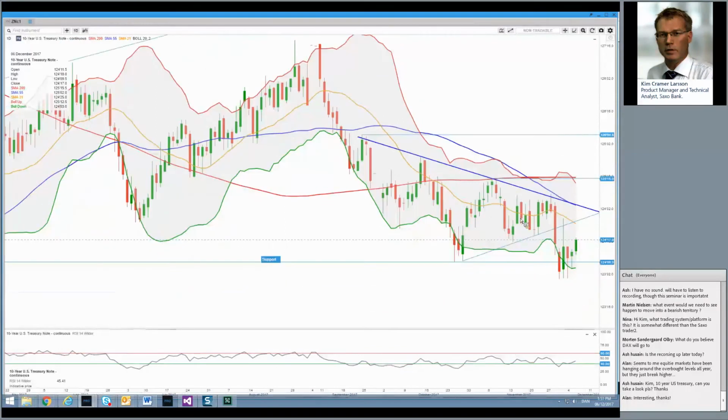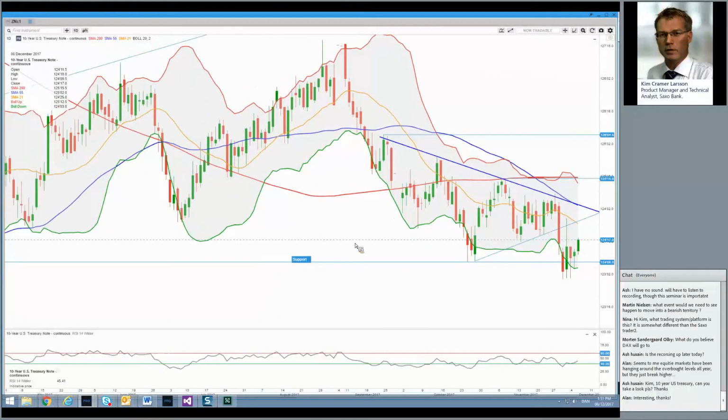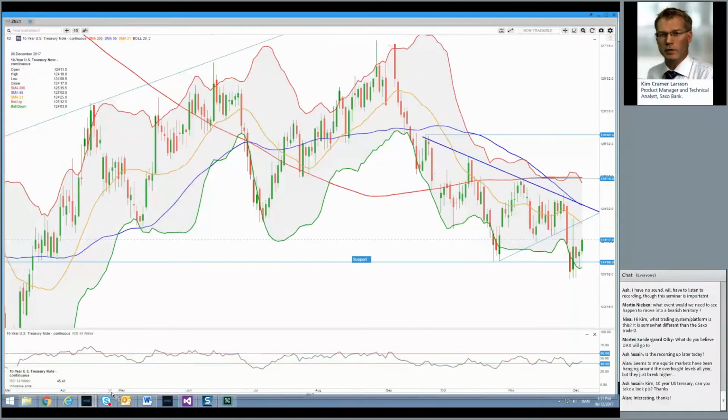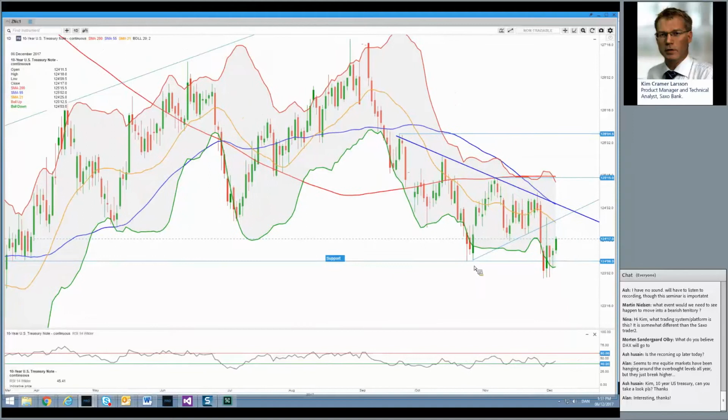This is the US 10-year notes. So let me zoom out a little bit. This is a daily chart, and it has been testing this support quite a number of times, bouncing around 124. It was quite interesting here where it tested a couple of times and bounced off. It's actually a support that goes back to earlier this year.